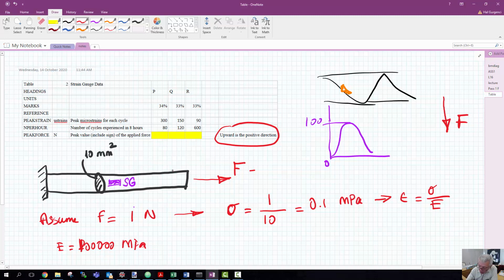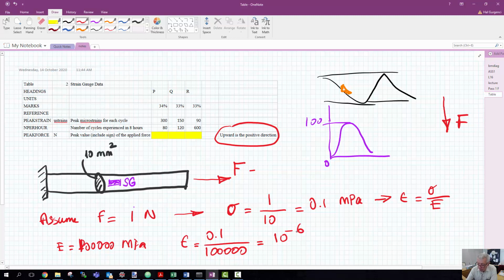That's not steel, some other material, 100,000 MPa. So epsilon is going to be 0.1 over 100,000. That's going to be 10 to the minus 6.